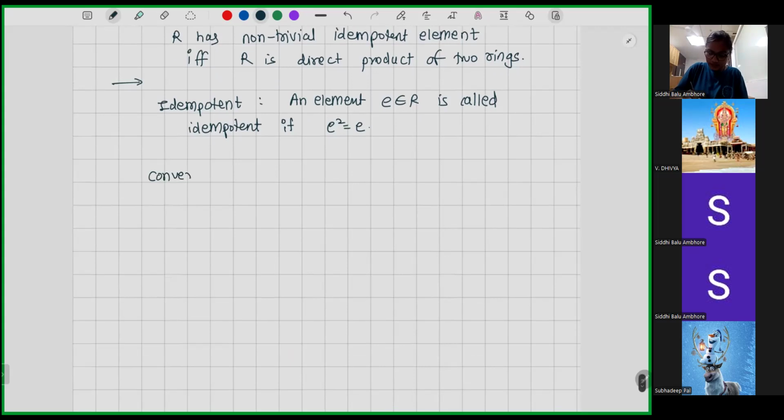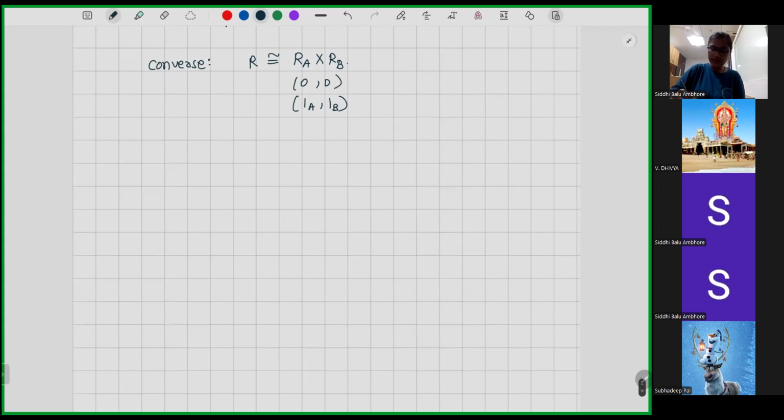So the converse is that R is a direct product of two rings. Okay, so what are the trivial idempotent elements here? They are (0, 0) and (1_A, 1_B). What Subhadeep is saying is that since this is an isomorphism and these are different elements, now consider (1_A, 0).